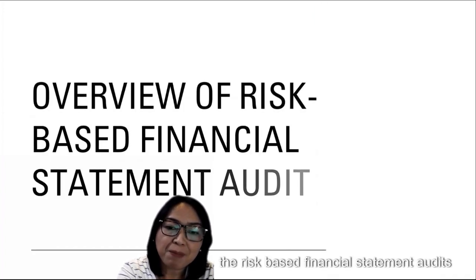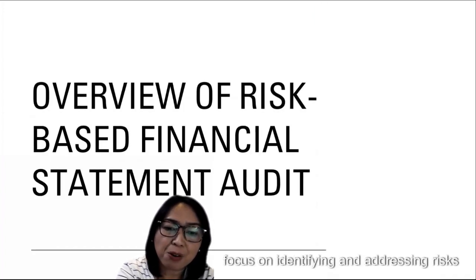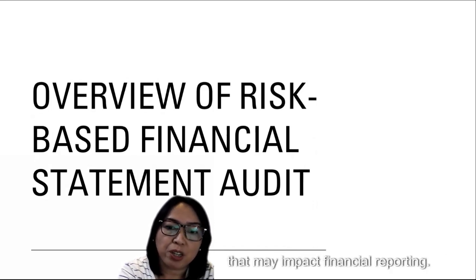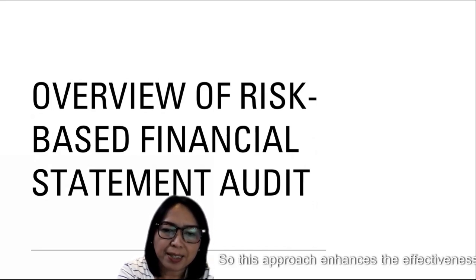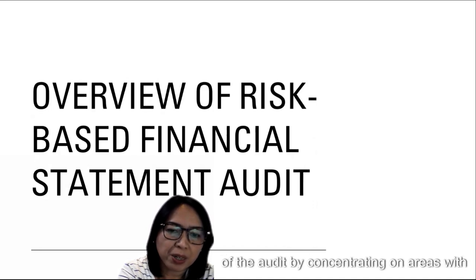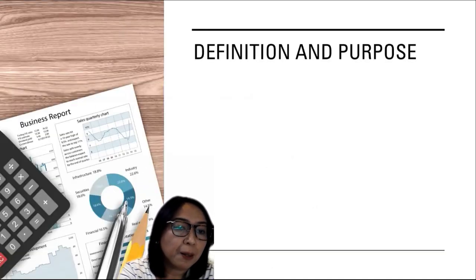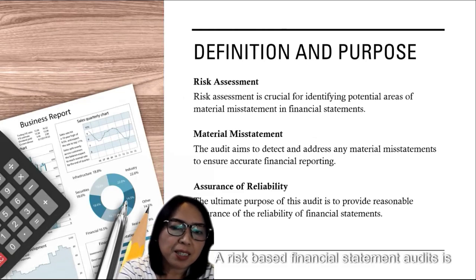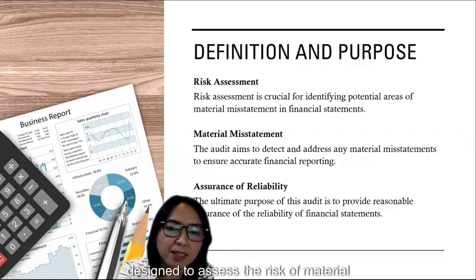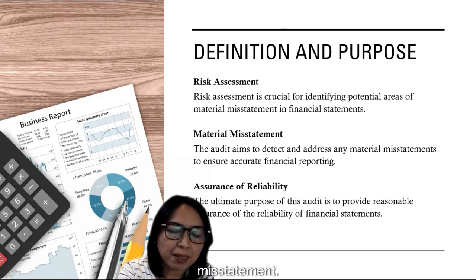So, the risk-based financial statement audits focus on identifying and addressing risks that may impact financial reporting. This approach enhances the effectiveness of the audit by concentrating on areas with greater risk exposure. A risk-based financial statement audit is designed to assess the risk of material misstatement.